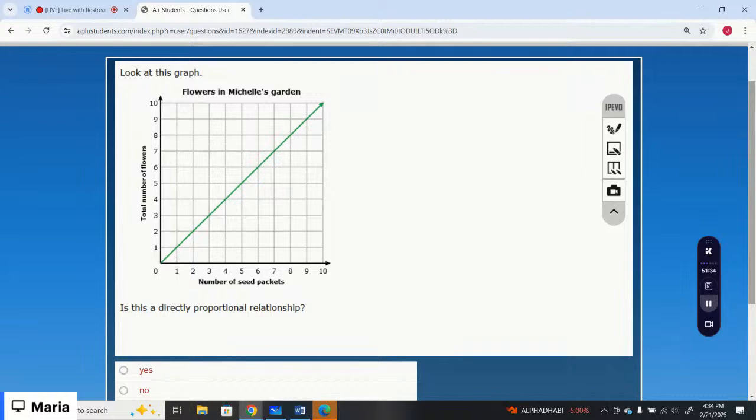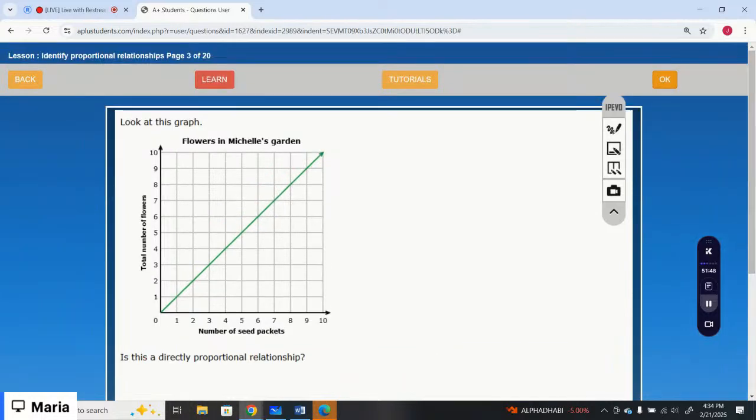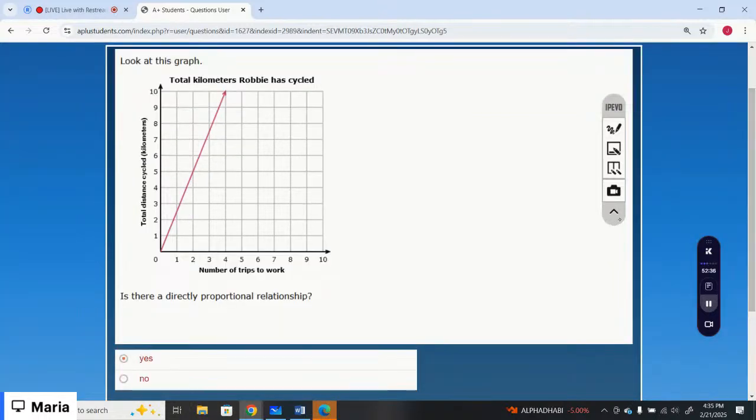Look at this graph. Is this a directly proportional relationship? Yes, it is. Option number 1 is the correct option. Yes, it is a directly proportional relationship.